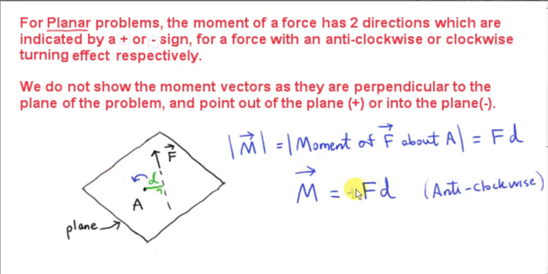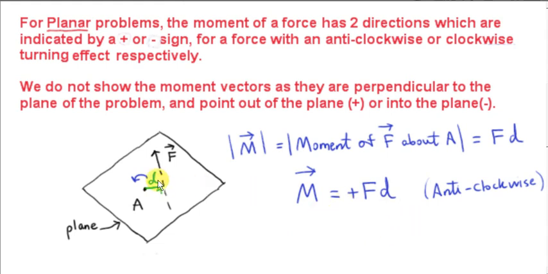We could have used a minus sign. That doesn't matter actually, as long as the clockwise moment has the opposite sign. However, we will see later that using a plus sign ties in well with conventions for the direction of forces and the direction of position vectors in a plane. I'll get back to that later.